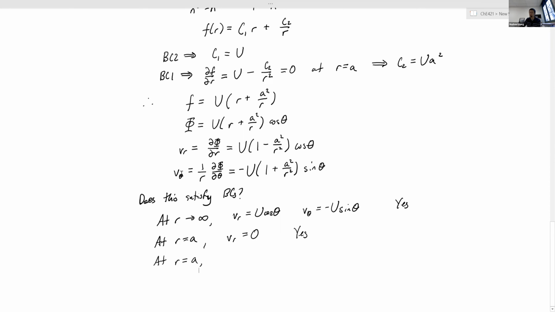So V theta here, we have 1 plus a squared over a squared, so that's 2, right? So what we get is V theta is equal to minus 2u sine theta. That's weird, right? You would expect that V theta should equal 0. That's a no-slip boundary condition, right? So the answer here is no.